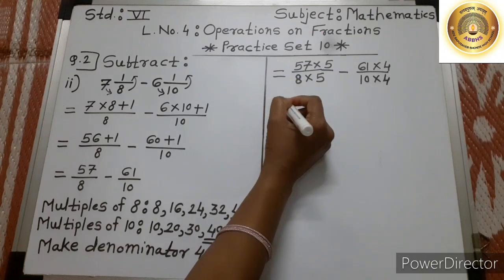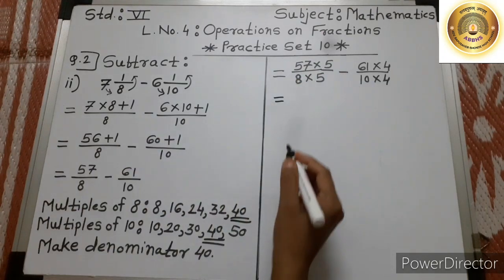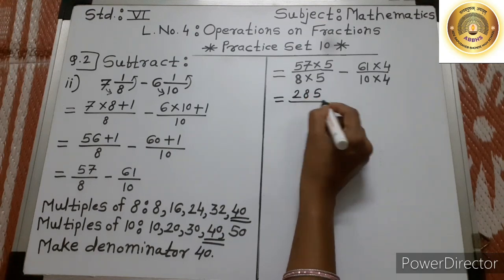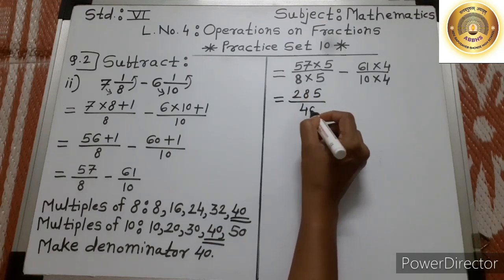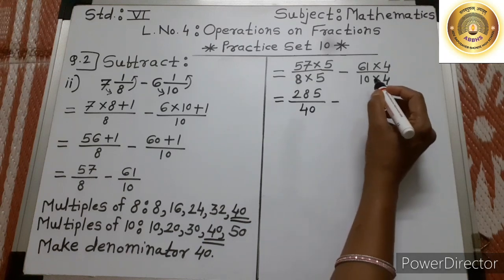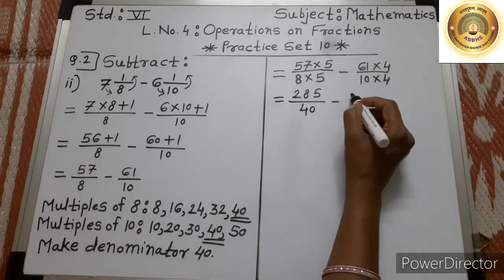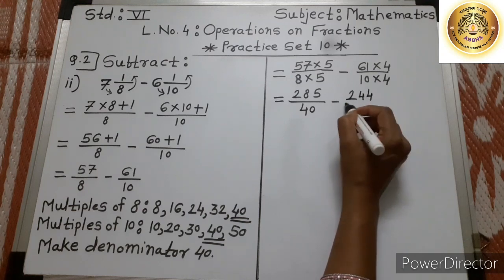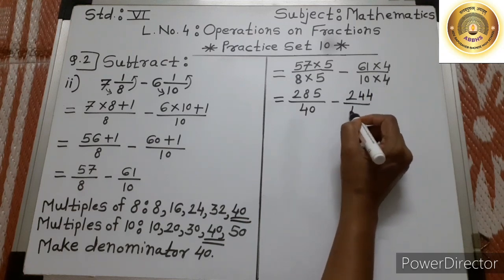Multiplying 57 by 5, the answer is 285 upon 8 fives are 40 minus multiply 61 by 4, the answer is 244 upon 10 fours are 40.